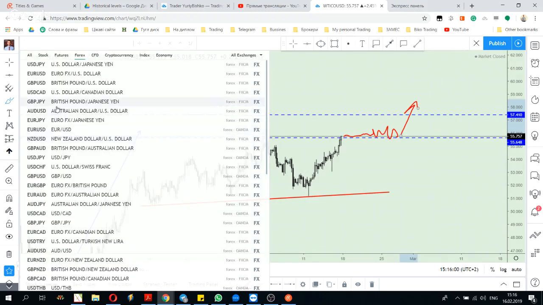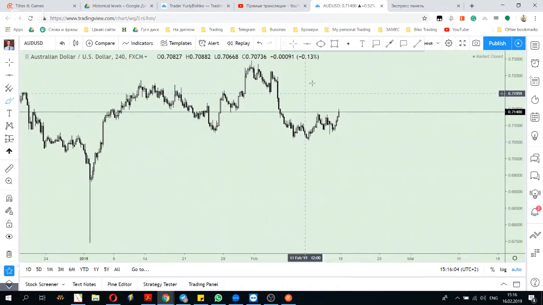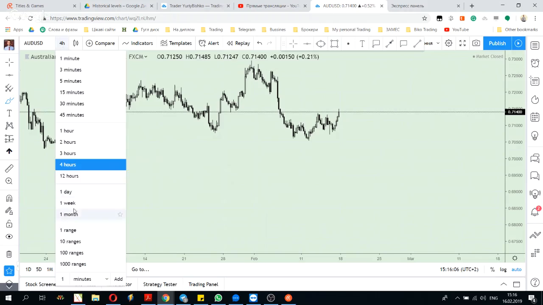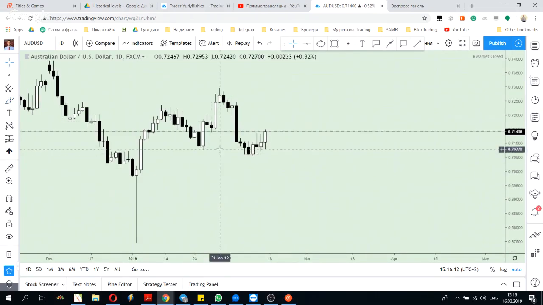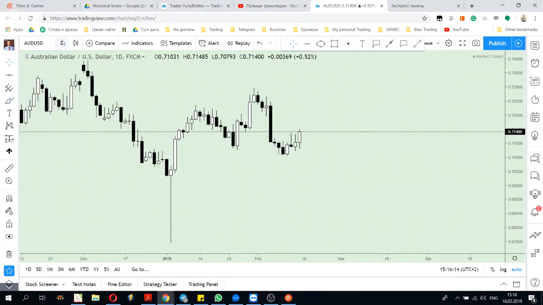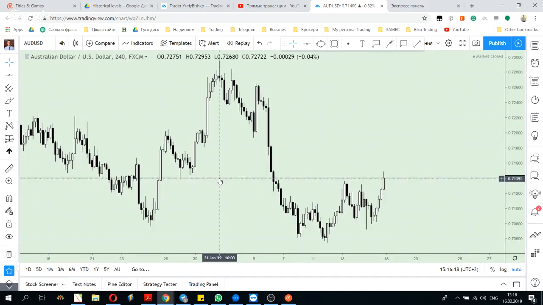Okay, and let's do Australian dollar. One moment, friends. As always, we start from daily, and let's take a look some levels from which price bounced pretty nice.